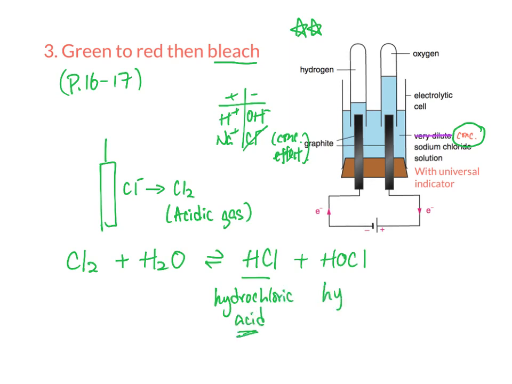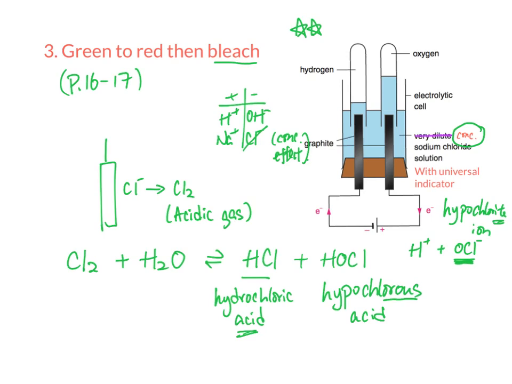The other one is hypochlorous acid. The name of it is called hypochlorous. When this acid ionizes, it will give out an ion called hypochlorite ion. Attention has to be paid to this ion.